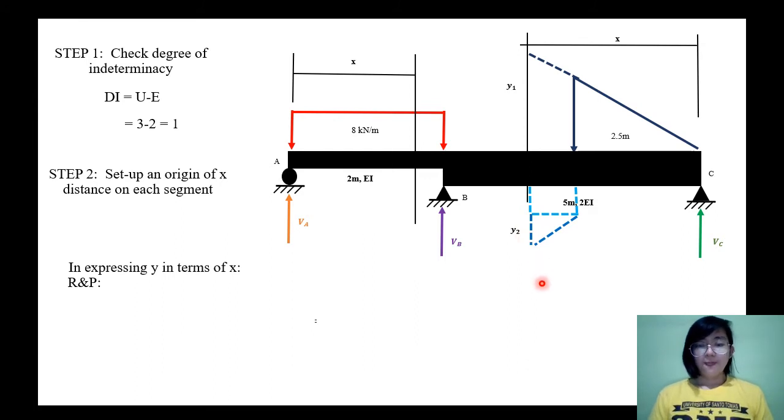Next, in expressing y in terms of x, let's use ratio and proportion to get y1 and y2. So y1, the height, over x, the base, is equal to 15. Oh, this is 15 kN. Sorry, wait, this is 15 kN per meter.